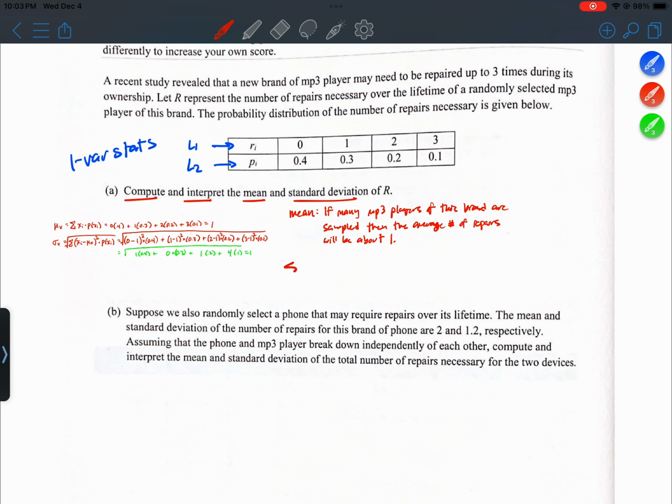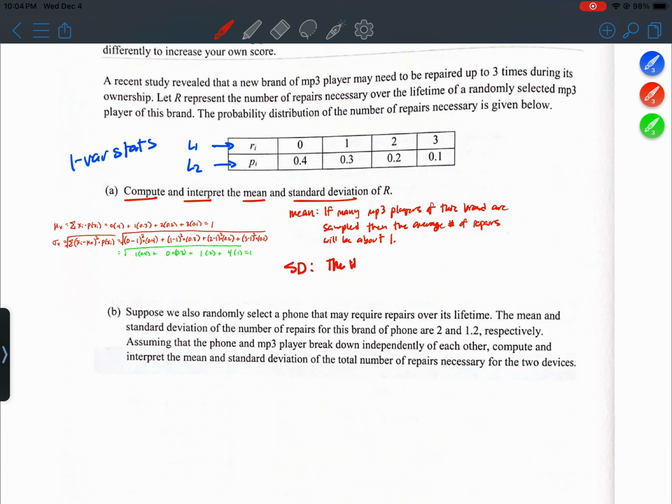So now we'll interpret the standard deviation. With this interpretation, you want to make sure that you include the words typically varies from the mean somewhere within your sentence. So I'm going to start with the context.